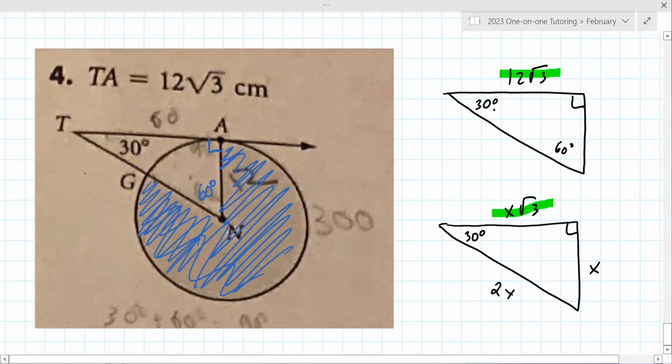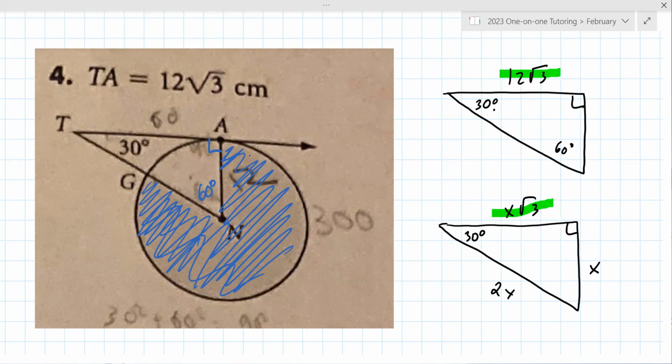Okay, wait. I just need a minute to digest this. There's a lot here. So you wrote 12 root 3 on the top one because you know T to A is 12 root 3.